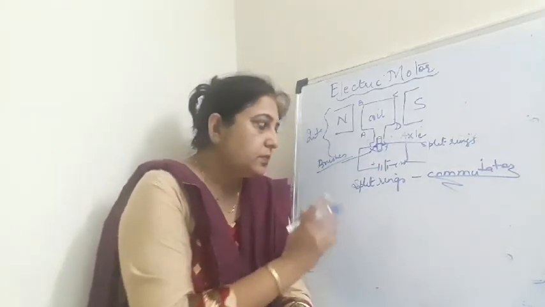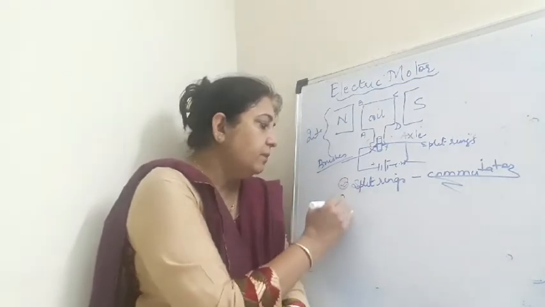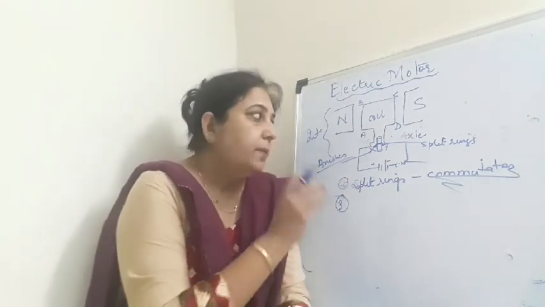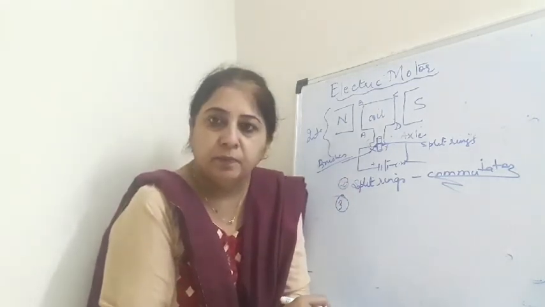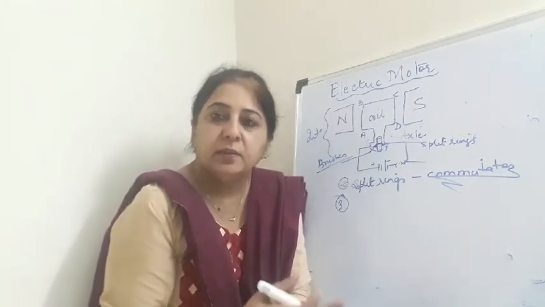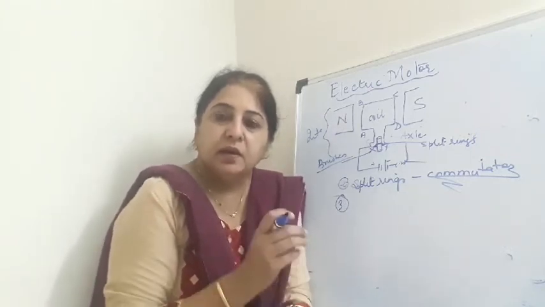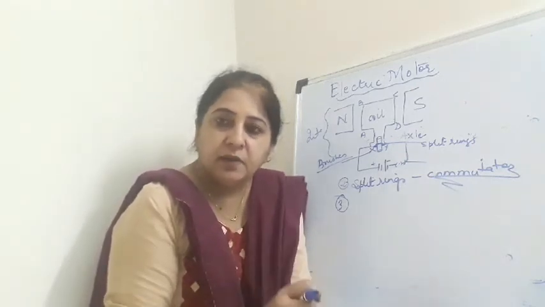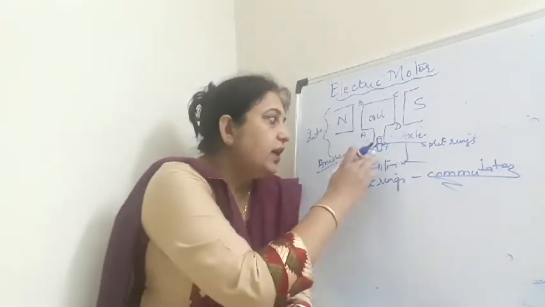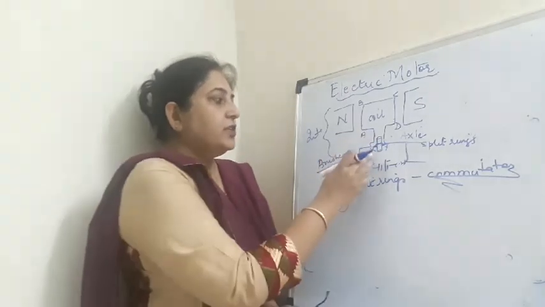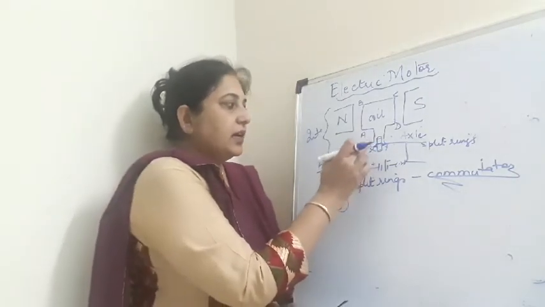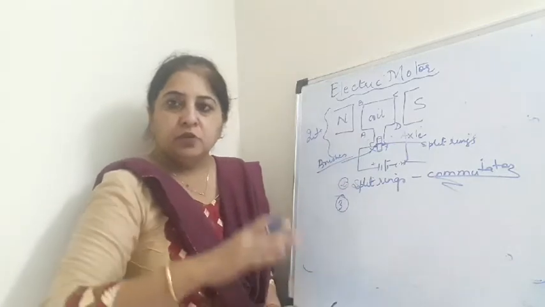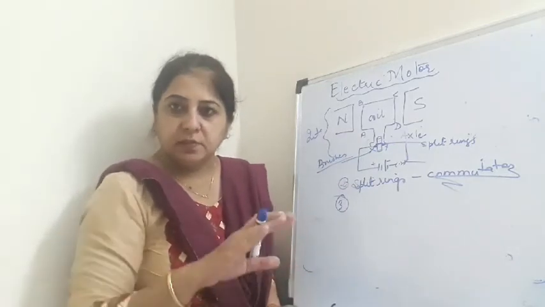Now this is another thing. Number three, I have also told you that brushes are made of carbon. The question can be asked, why are the brushes made of carbon? Carbon has a high melting point. Continuous rotation is taking place and brushes are connected to split rings, so brushes keep rubbing against the split rings.